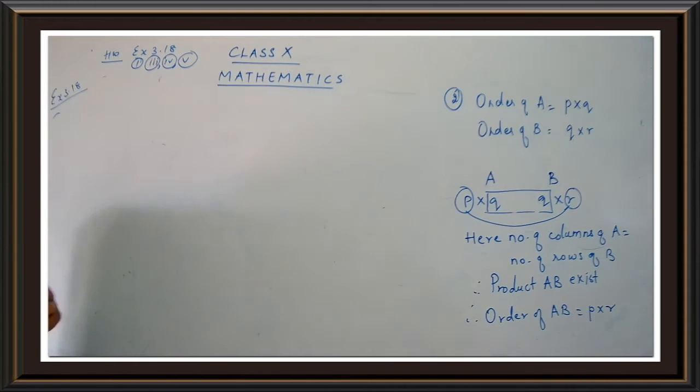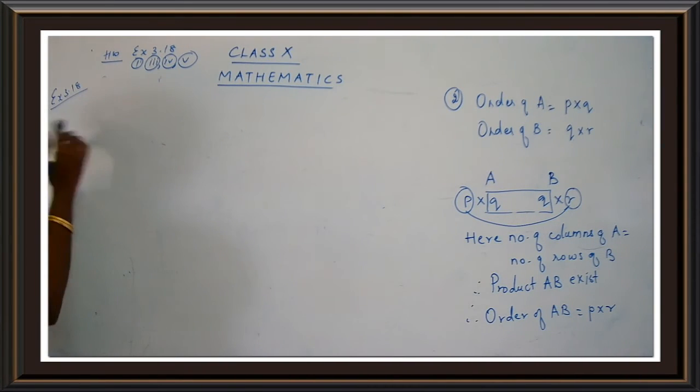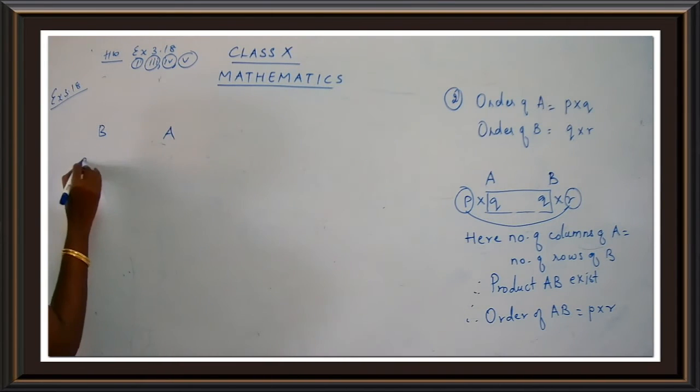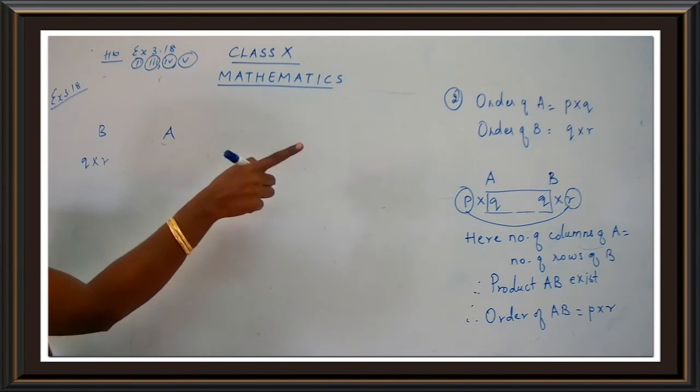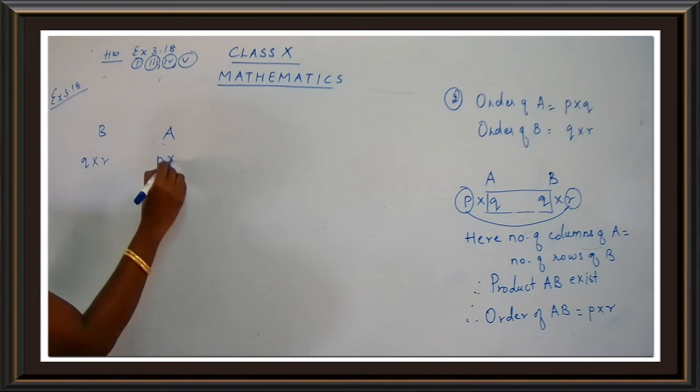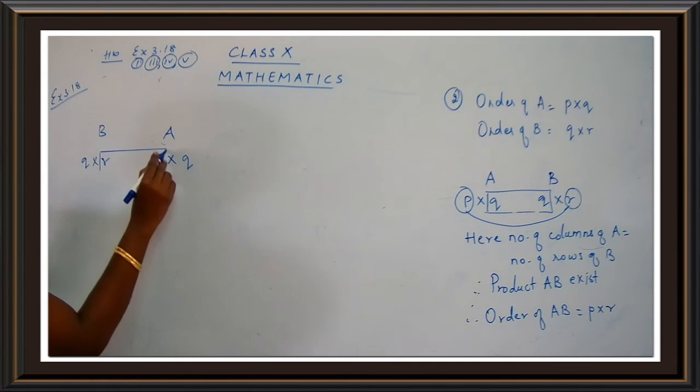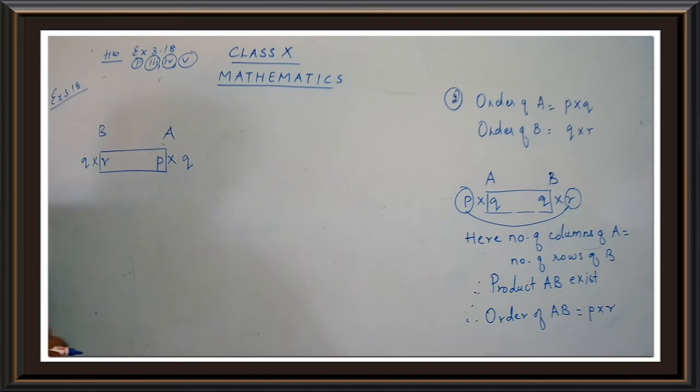So we are going to check for BA. I'll write B first, then A here. What is B, children? Order Q cross R, and A is P cross Q. Here, this is R, this is P. R and P, yes.